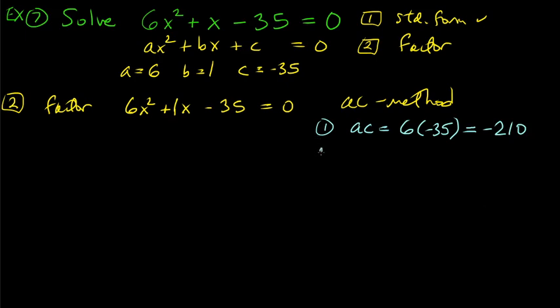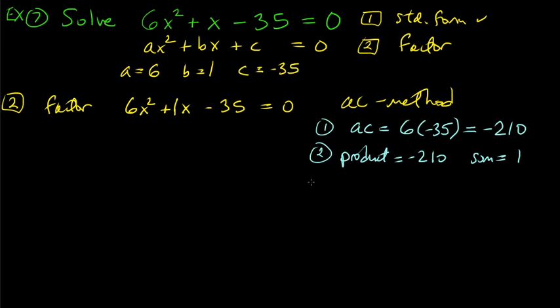Okay. The second step of the AC method is to find two numbers whose product is negative 210 and whose sum is, well, 1, because that's b. b is 1, so they have to add to 1.